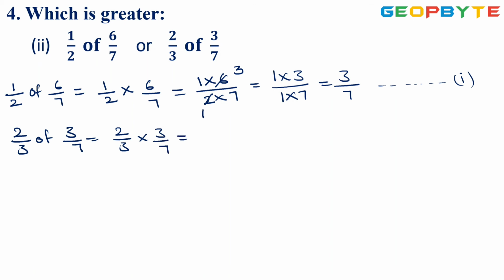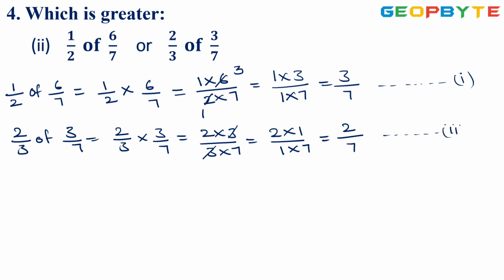So by the rule of multiplication of a fraction, product of numerators, so 2 into 3 by product of denominators, 3 into 7. In numerator we are having 3 and denominator also we are having 3. So we'll write it as 2 into 1 by 1 into 7, which is equals to 2 ones are 2 by 1 sevens are 7. So which is the equation number 2.